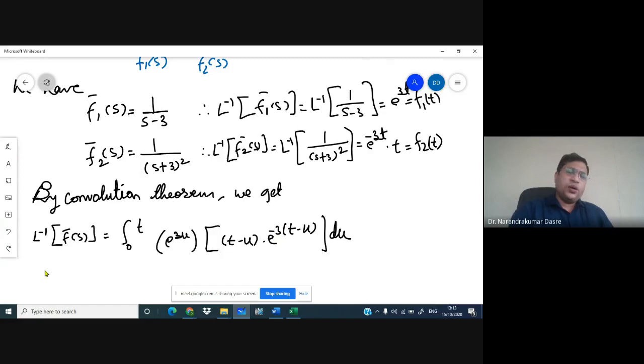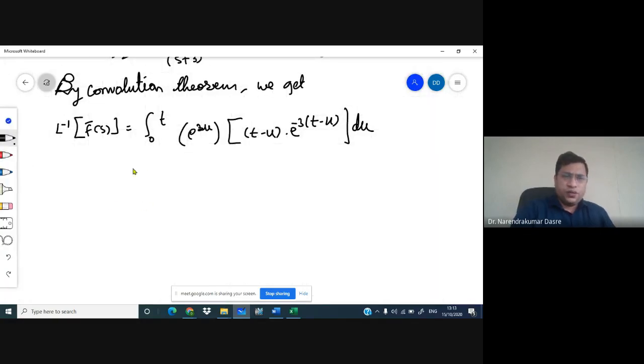Now we have to evaluate this. Simplify the integral 0 to t. This is e raised to 3u, and then t minus u, e raised to minus 3t, e raised to 3u.